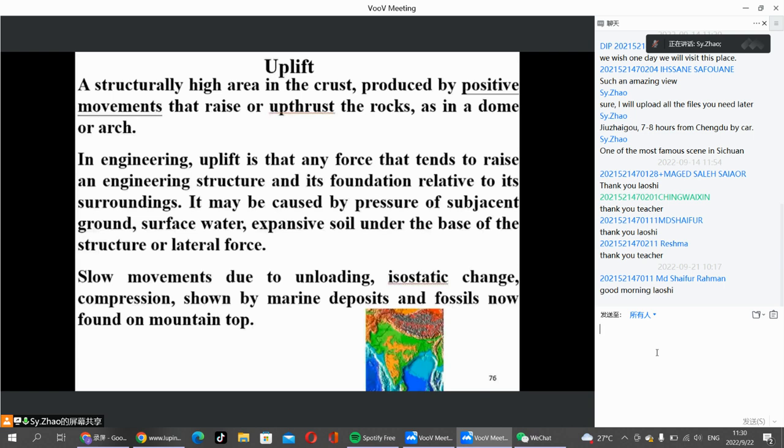It may be caused by pressure of subjacent ground, surface water, expansive soil under the base of the structure, or natural force. And some movements are due to unloading, isostatic change, or compression, shown by marine deposits and fossils now found on mountain tops.